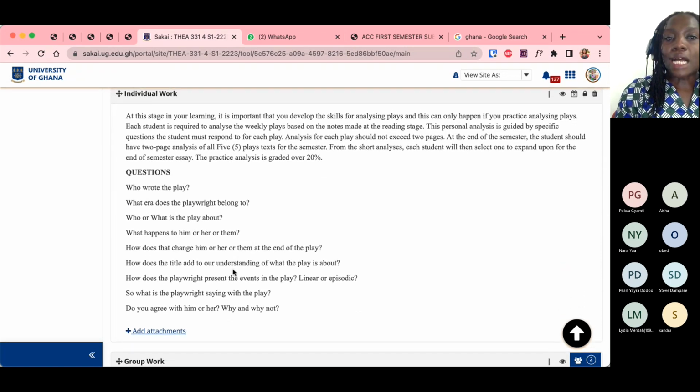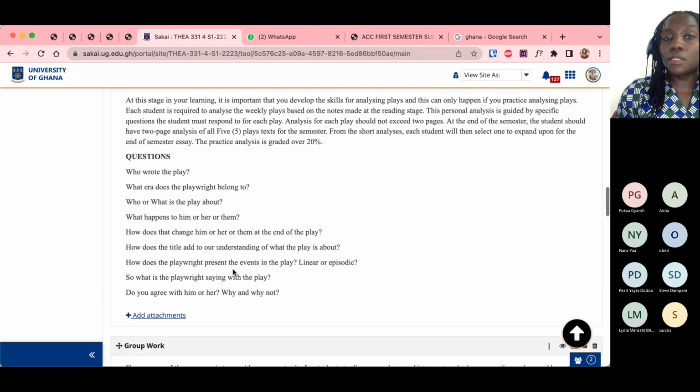Individual work. At this stage in your learning, it is important that you develop the skills for analyzing plays, and this can only happen if you practice analyzing plays. Each student is required to analyze the weekly plays based on the notes made at the reading stage. This personal analysis is guided by specific questions the student must respond to for each play.